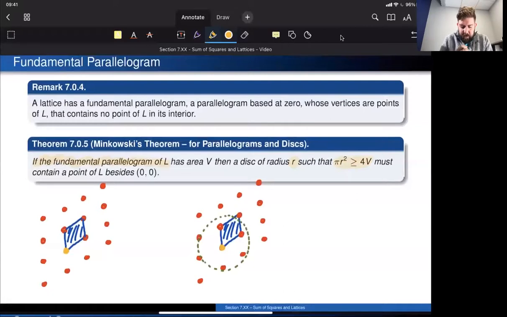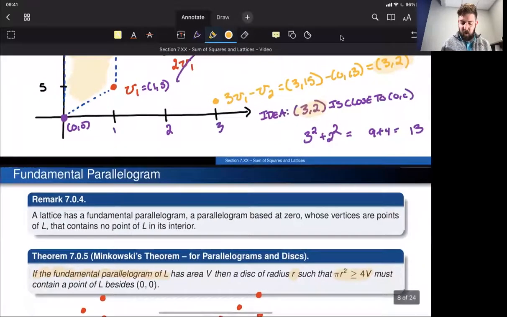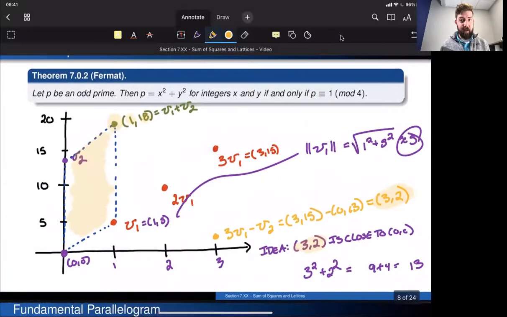So you can think about starting at the origin and then working your way out. And if you make this little radius big enough, eventually you will find a lattice point. It might be the vector v1, it might be vector v2, or more often than not, it's going to be something else that you're going to find as well.